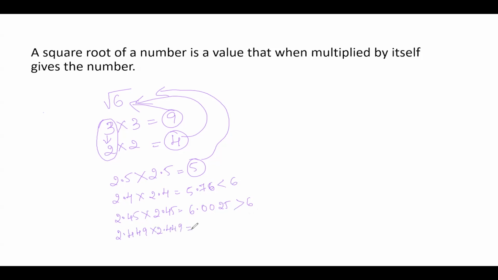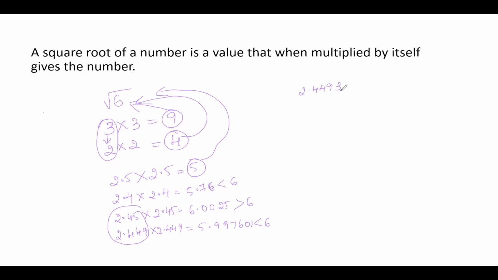When you multiply this, you will get the value 5.997601. Once again, this is less than 6, which means the value must be lying somewhere between these two. Since this is lesser, I have to increase the value. So 2.44, instead of 9, I will say 93.